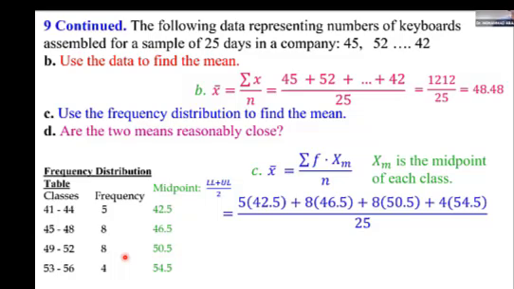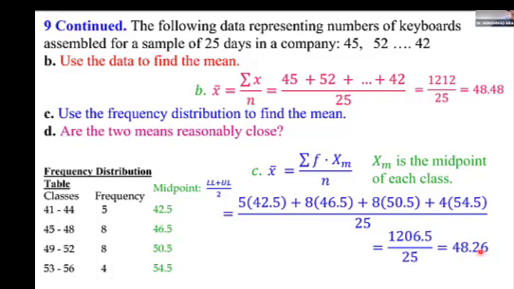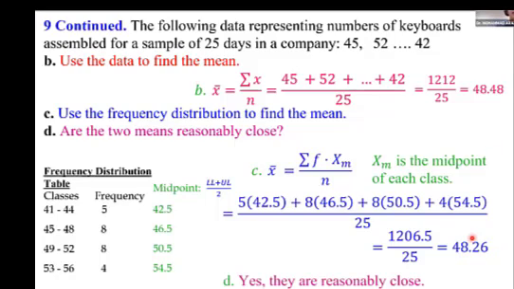When we go through the process and calculate this, we end up with 48.26. So take a look at the actual mean calculated in part B, the exact mean, versus the one we just came up with. That's pretty good. They are reasonably close.